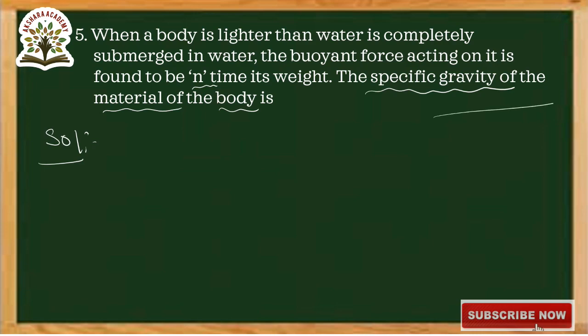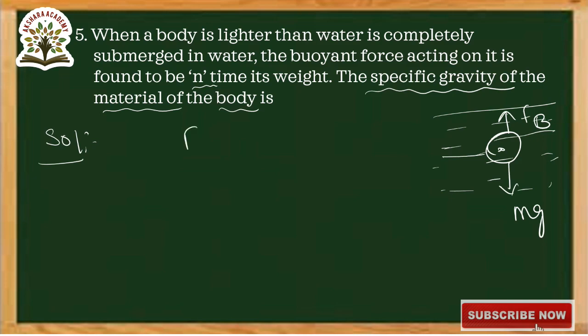Suppose here we are taking water, and a body is completely submerged in water. One force is acting vertically upward, that is the buoyant force, and another force is acting vertically downwards, that is the gravitational force. So for the equilibrium position we write buoyant force is equal to n times the weight.